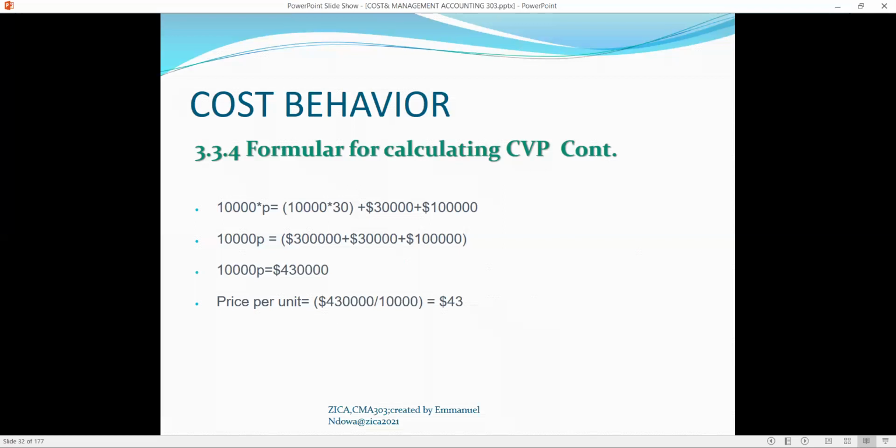Are we together on this formula? Anyone who has got a challenge before we proceed?